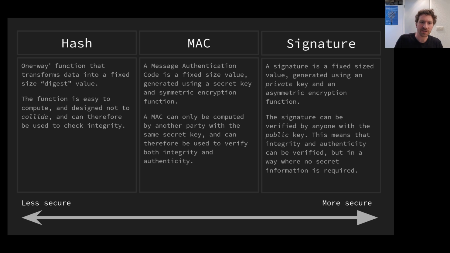A hash is just a non-secret function. It's a function that we know how to do that takes our variable length data and digests it into a fixed sized value. And the idea with a hash is that it's a one-way function, right? It's a compression of sorts. We're taking a lot of data and squishing it down into a smaller amount of data.